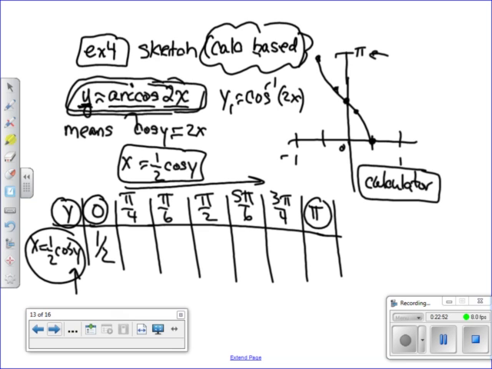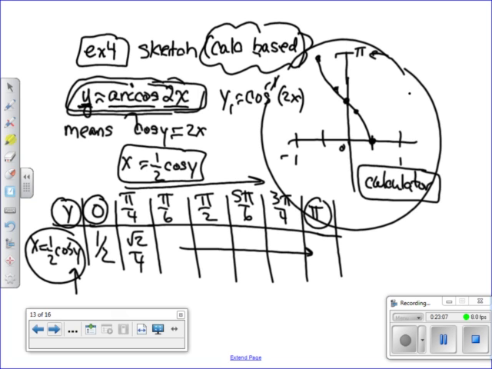The cosine of pi fourths is the square root of 2 over 2 times 1/2 is the square root of 2 over 4. We go on and fill out all these boxes that you can see filled out there on page 284, but I think you can do this in a calculator, and this is what your graph would look like when you put this equation in your calculator.